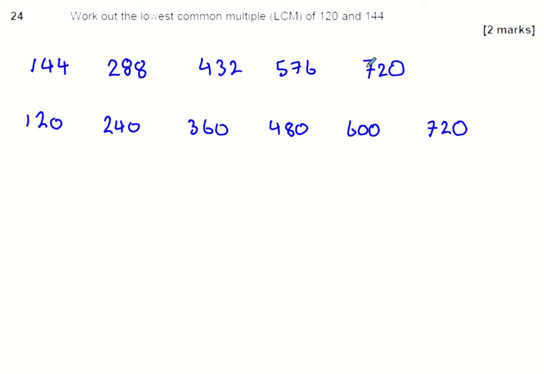You'll now note that 720 is the smallest number, the first number that appears in both lists of multiples, and so 720 is the lowest common multiple of these two numbers. There are other methods that you can use to try and work out the lowest common multiple involving prime factor decomposition, but this method will work equally well.